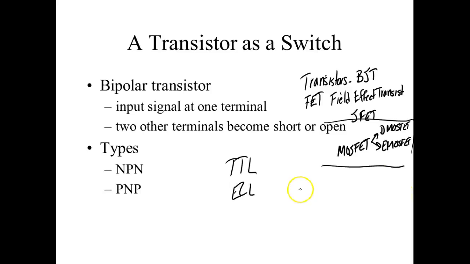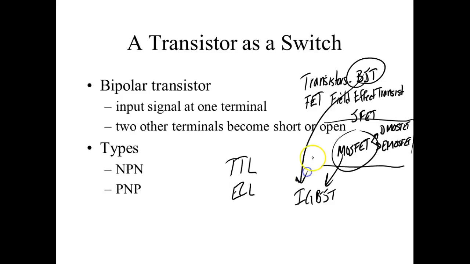We have something called an IGBT, which is becoming very popular in variable speed AC drives, which stands for insulated gate bipolar junction transistor. And what they've done is they've combined one of these and one of these into one unit. And of course to you it looks like a transistor, but it's actually an insulated gate BJT.